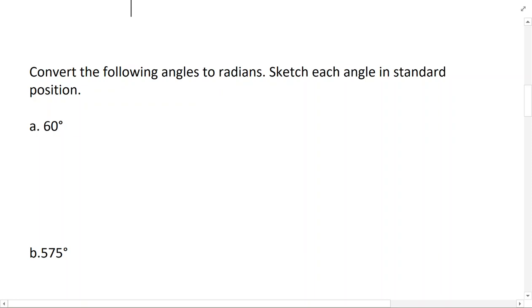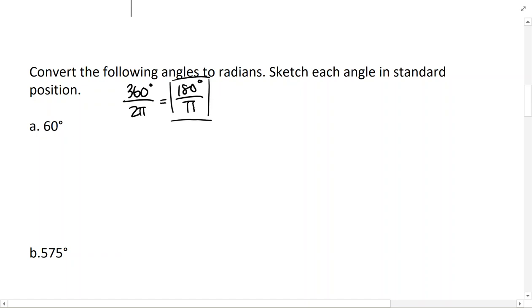We do know the relationship between degrees and radians. We know 360 degrees is 2 pi. So if we simplify that down, we know that 180 equals pi. We could just use this relationship to help us convert from one to the other.